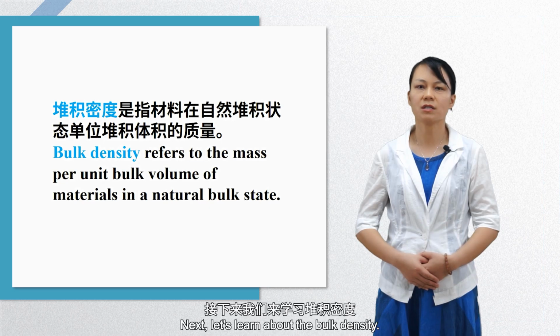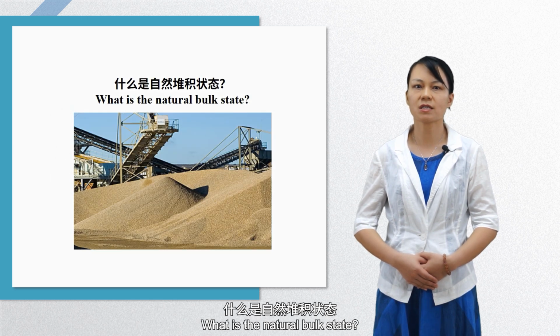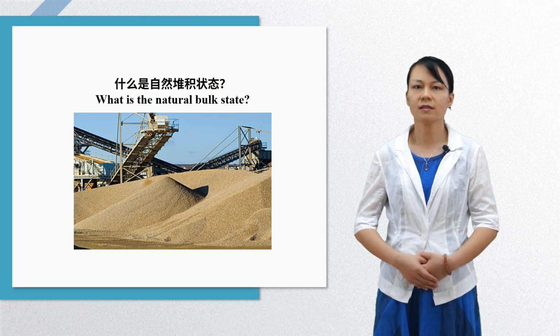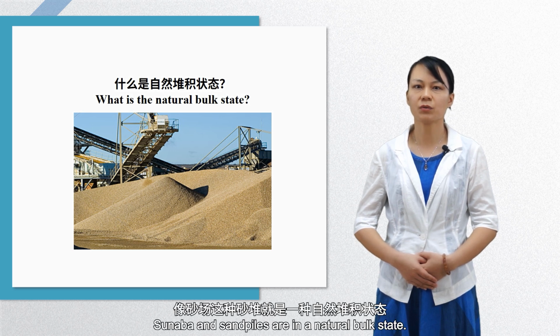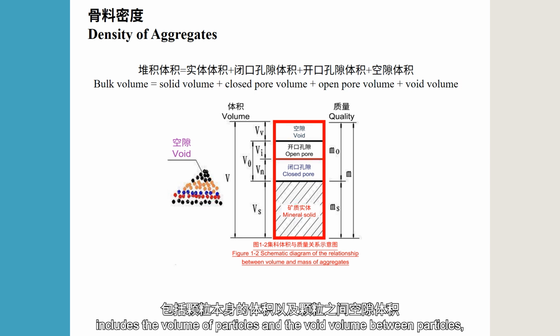Next, let's learn about the bulk density. Bulk density refers to the mass per unit bulk volume of materials in a natural bulk state. What is the natural bulk state? Sand piles and stone piles are in a natural bulk state. We have already mentioned that the bulk volume includes the volume of particles and the void volume between particles.